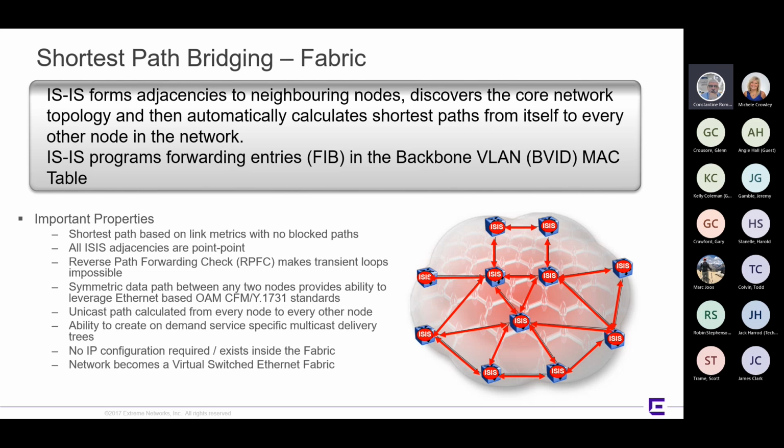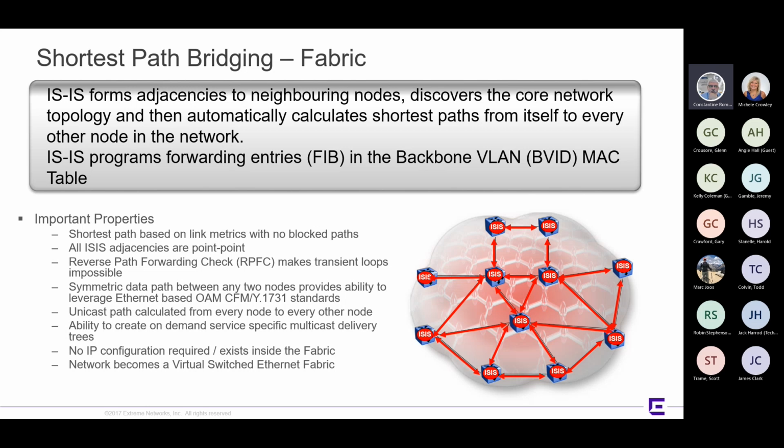Our data path is always going to be symmetric because everybody's using the same algorithm. From point A to point B, the shortest path will be the same as from point B to point A. So you're not going to get asymmetric data issues or packets arriving out of sequence, which can wreak havoc if you're talking about voice communications, video communications, streaming, and so on.